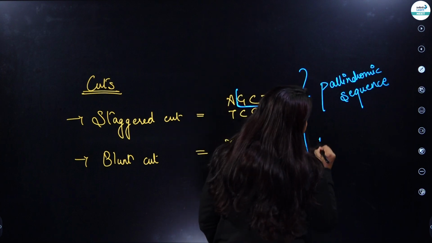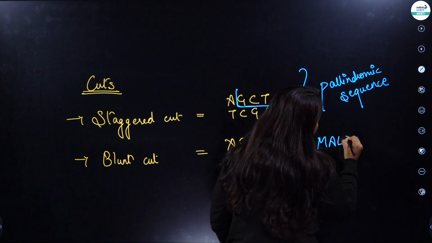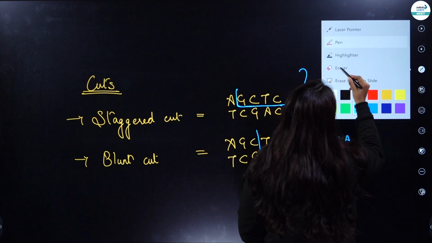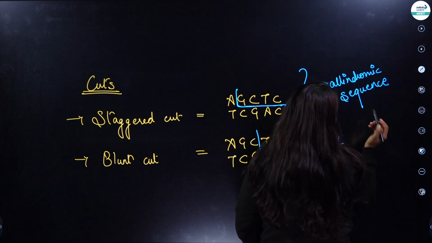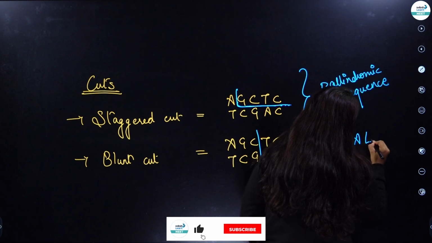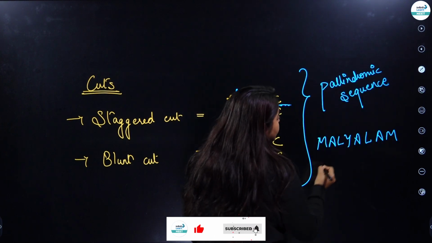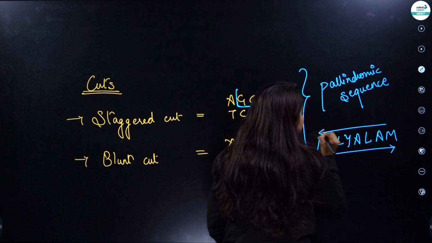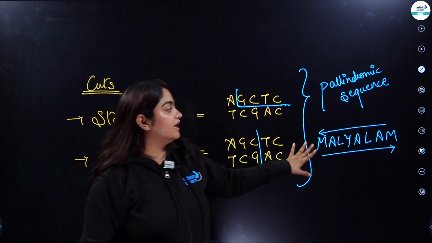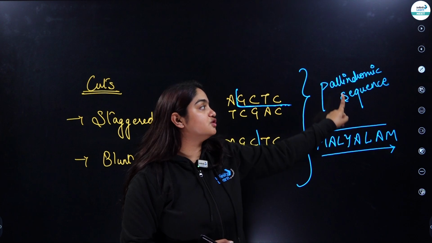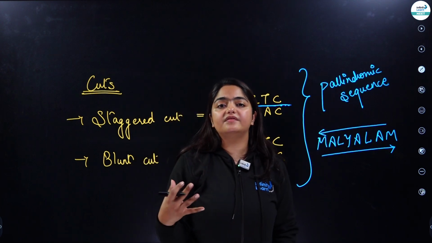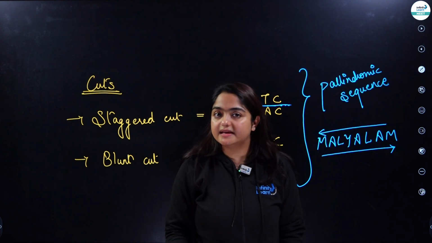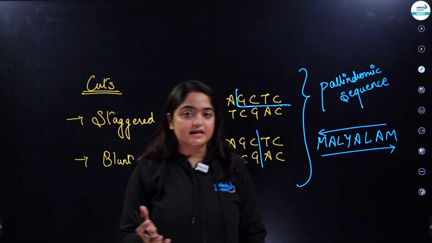Okay, एक ये word का example आपकी NCERT में भी mention है. So if you read Malayalam from left to right or from right to left, it's going to be exactly similar. इसी तरीके के sequence को हम क्या कहते हैं? Palindromic sequence. ठीक है? So whenever we talk about the restriction enzyme, what kind of sequences are necessary to cut the DNA, it has to be a palindromic sequence as well.